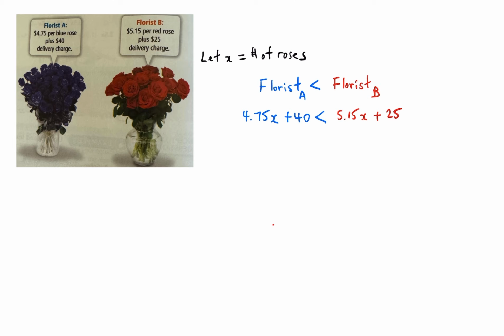Let's go ahead and do that. First thing we're going to do is move this $4.75X to this side of the equation. We want to get all the X's together, okay? And to do that, we're going to need to subtract $4.75X from both sides.